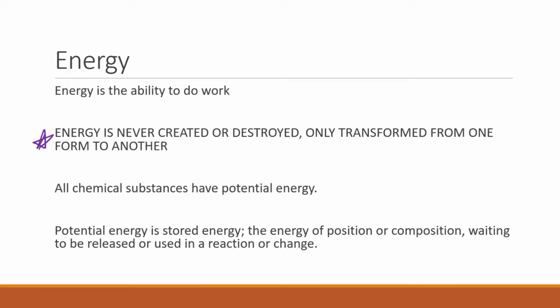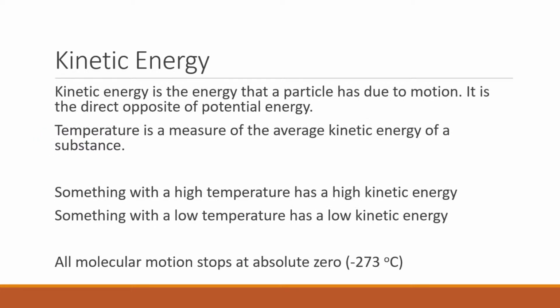The other half, right? We've got potential energy, which is energy stored. We also have energy of motion. We have kinetic energy. Kinetic energy is entirely due to motion. And believe it or not, when you take the temperature of something, you are actually measuring the kinetic energy of that thing.